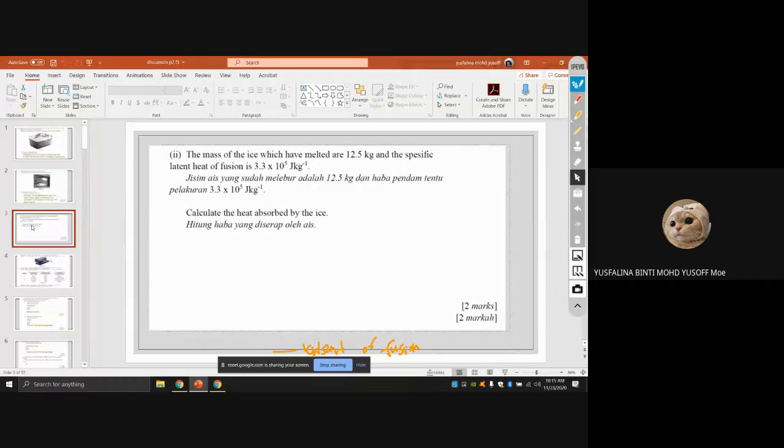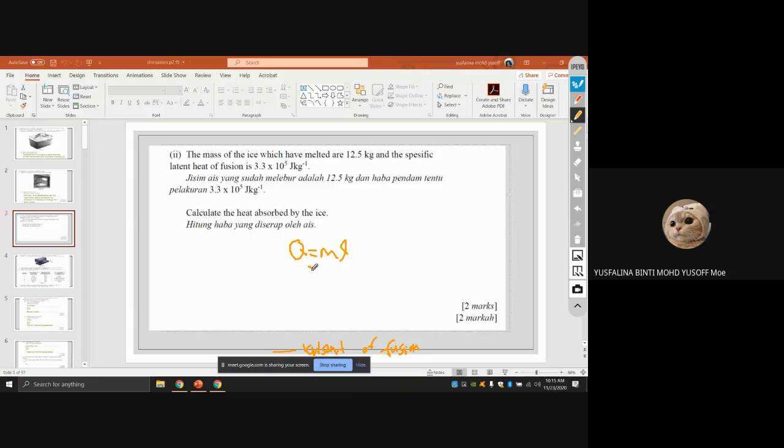The mass of ice which has melted is 12.5 kg, and the specific latent heat of fusion is 3.3 times 10 to the power of 5. We are asked to find the heat absorbed by the ice. Because this is the specific latent heat of fusion, we have to use the formula Q = ml.